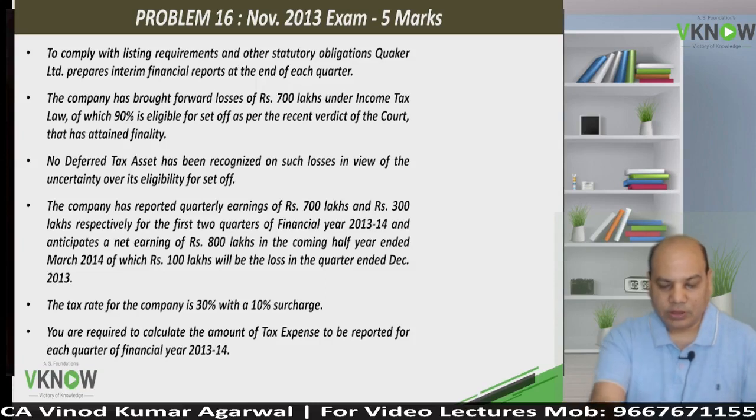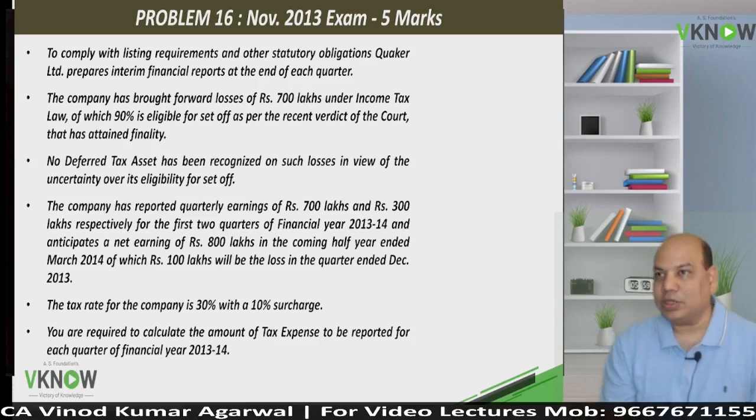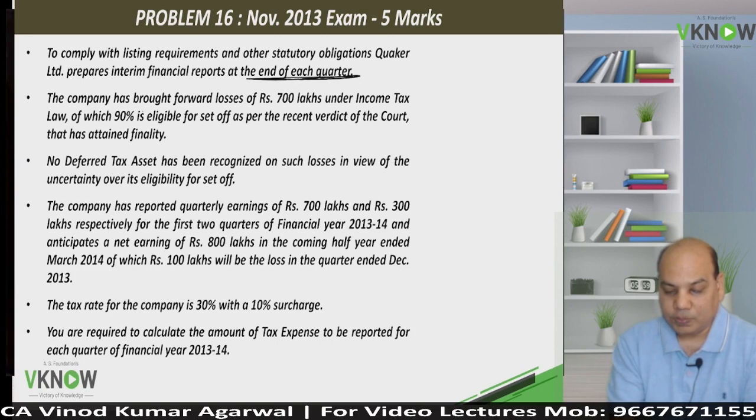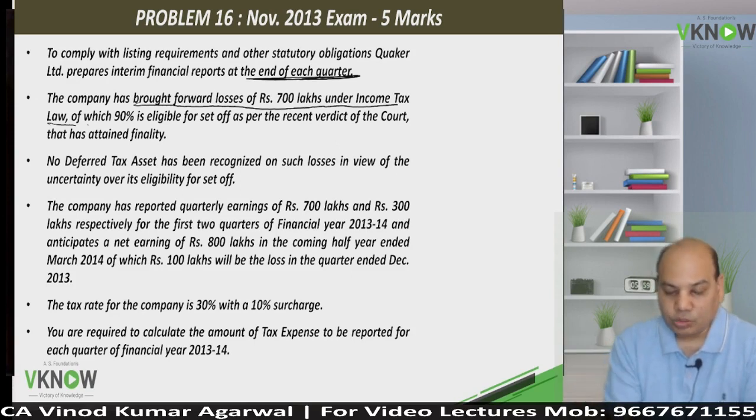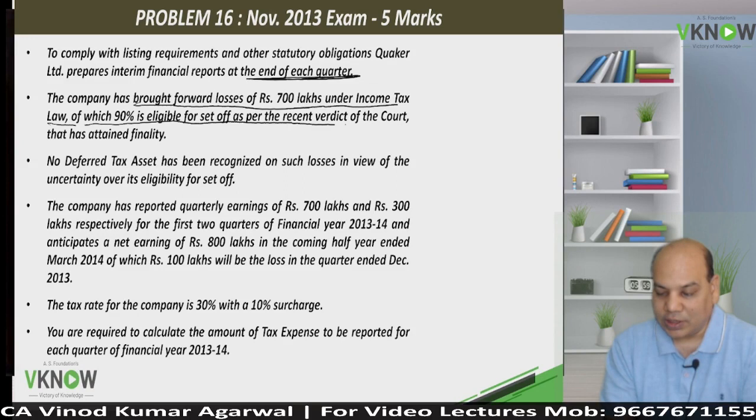Now we are ready to comply with the listing requirement and other obligation. Quaker Limited prepares interim financial report at the end of each quarter. The company has brought forward loss of 700 lakh under the income tax law, similar to question number 14, out of which 90% is eligible to be set off.